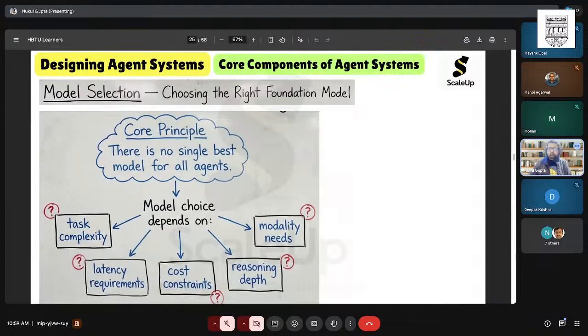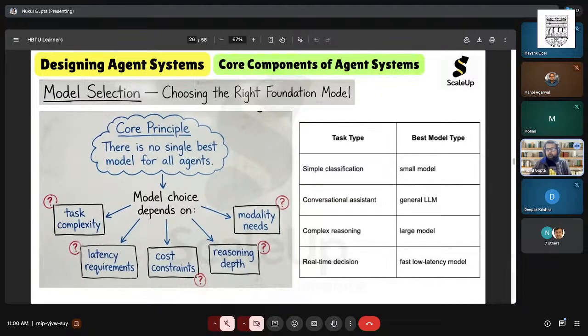Latency requirement also plays a very important role because these complex models take time and have latency associated with them. So model choice depends on task complexity, latency requirements, cost constraints, reasoning depth, and modality needs. If you need to process images and videos, you have to choose a model accordingly.